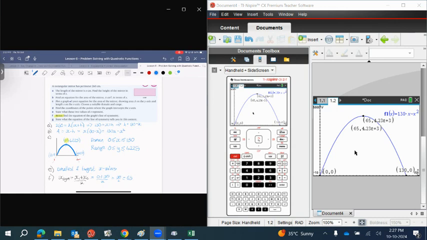What does x represent? The length of the mirror. And what's special about the vertex? In terms of the range, what's special about the vertex? The highest, the maximum.